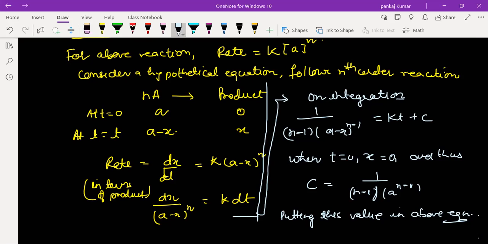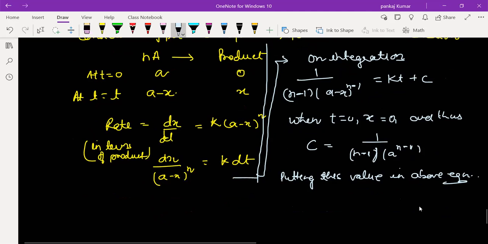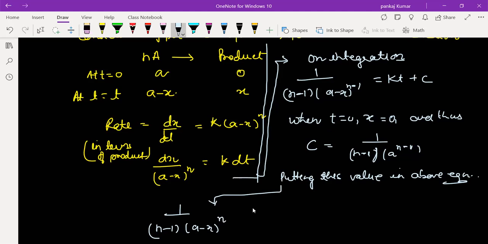Done this one? Yes. So we'll get here, writing this side, 1 by n minus 1, and then a minus x whole to the power n minus 1, that is equal to k into t plus c. C will be 1 by n minus 1 and a to the power n minus 1.